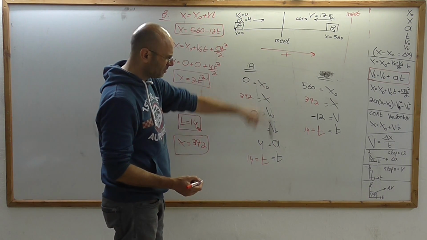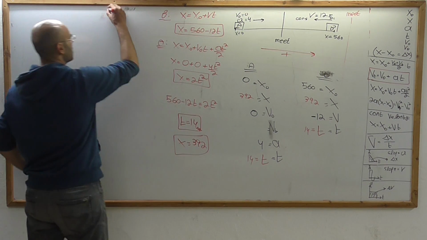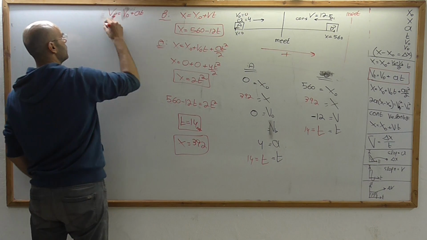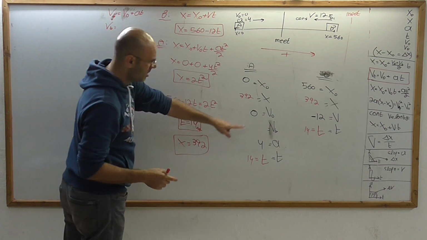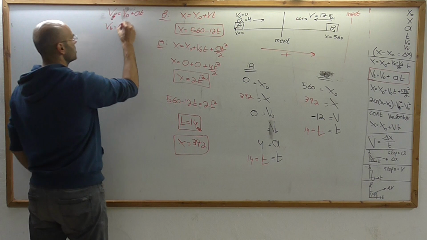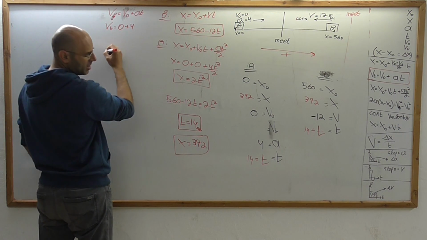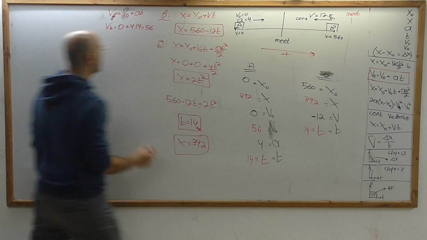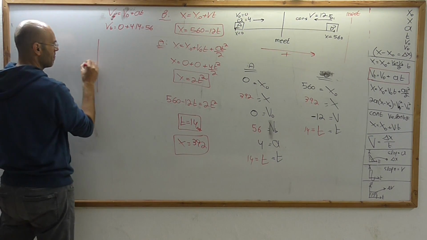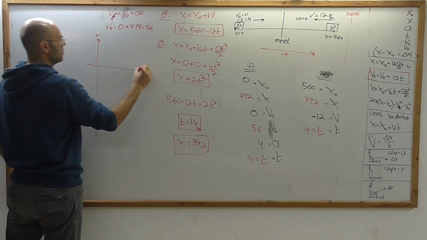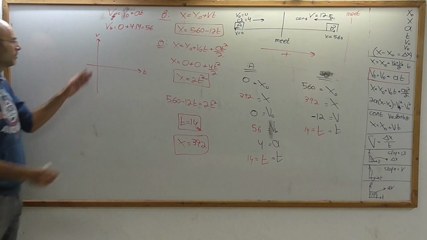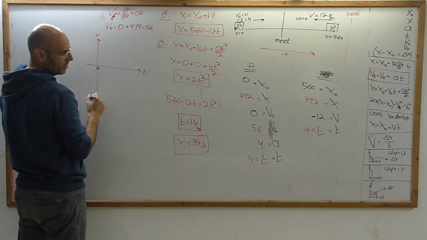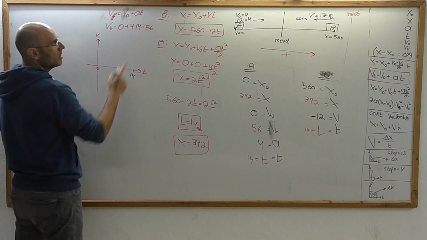Let's find the final velocity for vehicle A with V equals V0 plus At. V0 is 0, A is 4, T is 14, which gives 56. Now let's see the graph, V versus time. Time goes from 0 to 14.